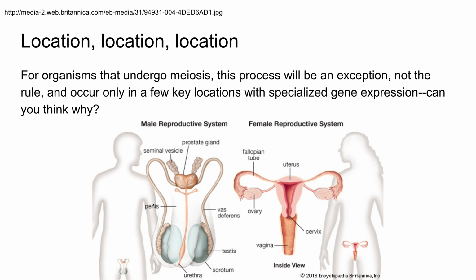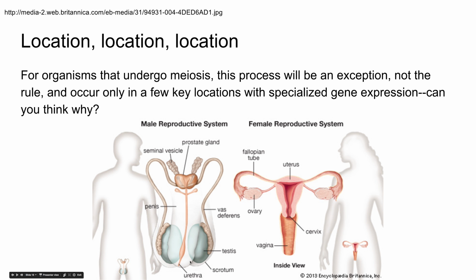So location turns out to matter, as the video alluded to. All cells in the body are capable of division. They're all capable of mitosis. Doesn't mean they all do, but they're all capable of it. Meiosis is actually restricted inside of the human body or animal bodies, actually most organisms' bodies, to certain locations. We, animals, call them gonads, meaning if you're a male in the testes, and if you're a female in the ovaries.